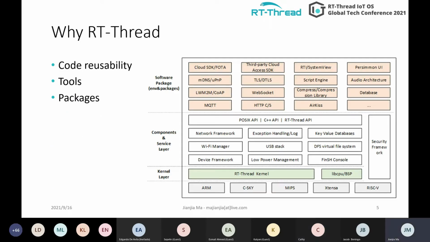Why am I still using RT-Thread? The top reason is code usability, because RT-Thread supports POSIX and the libc environment. So I can just write my code in a standard C style, and it can work on all platforms, including STM, NXP, or even RISC-V. The second one is that it has great tools.